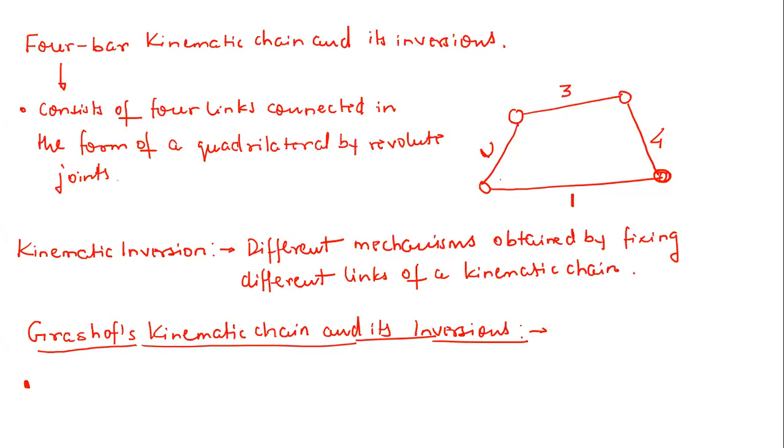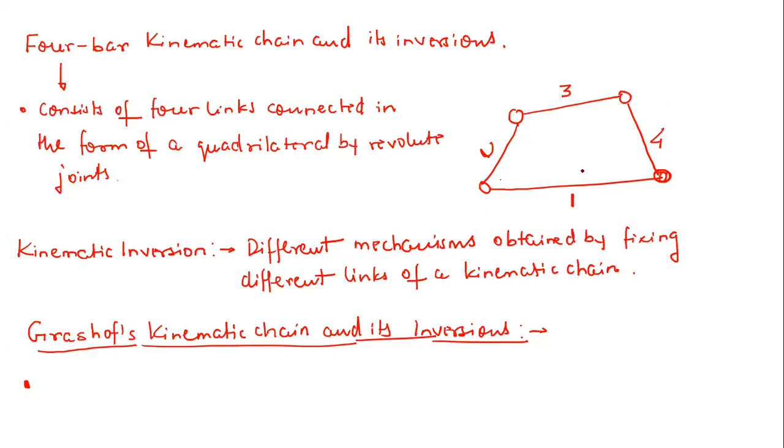Generally, if you try to connect these 4 links in the form of a quadrilateral, some rules must be satisfied. It is not like you can connect it in a random fashion. The length of the links puts a constraint on the connection.